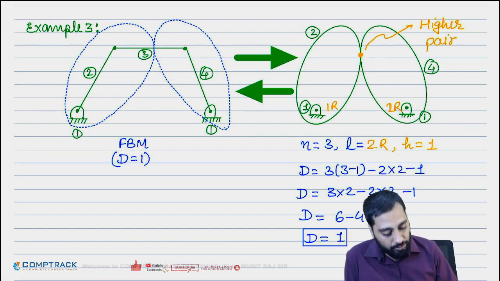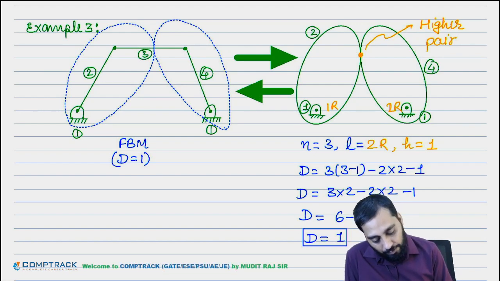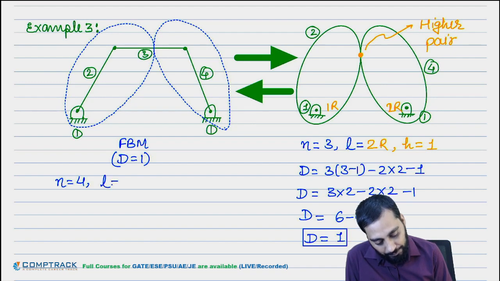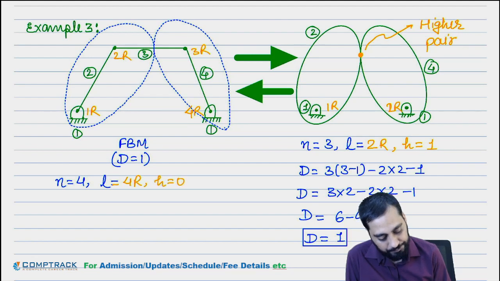Now look here. On the left side, how many links are there? Links are 4. And how many lower pairs are there? You can check. 1 revolute, 2 revolute, 3 revolute, 4 revolute, right? 4 revolute, and higher pair is 0.